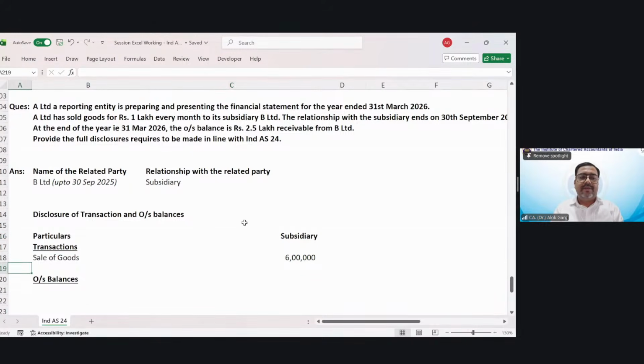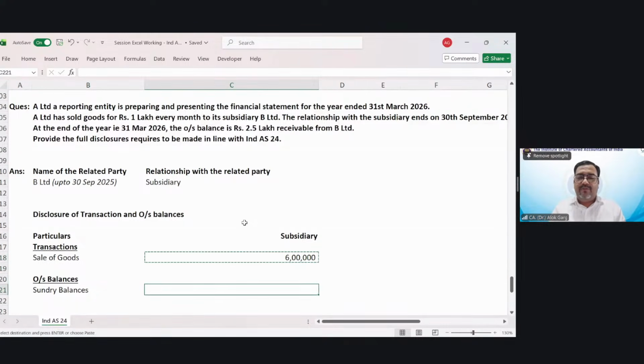Then sundry debtors: how much outstanding balance will I show with the subsidiary? Zero.